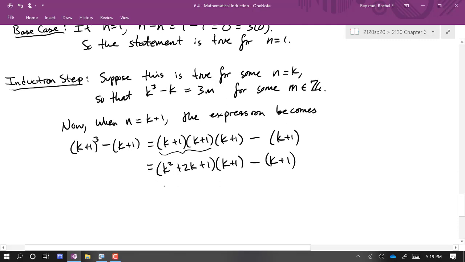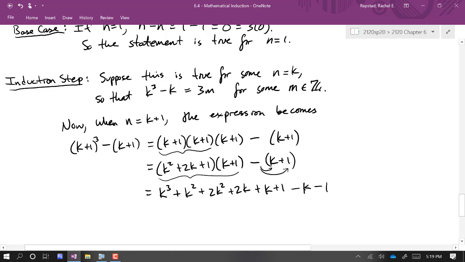And multiplying these together, you can make a little table or grid to organize your work if you like, but this will be, let's see, k cubed plus k squared plus 2k squared plus 2k plus 1, plus k plus 1. And then I'm going to distribute this negative sign like so.